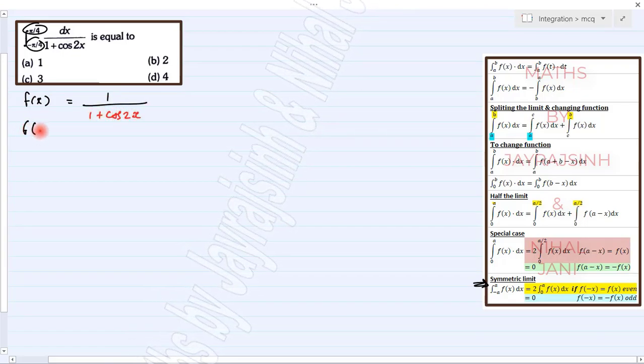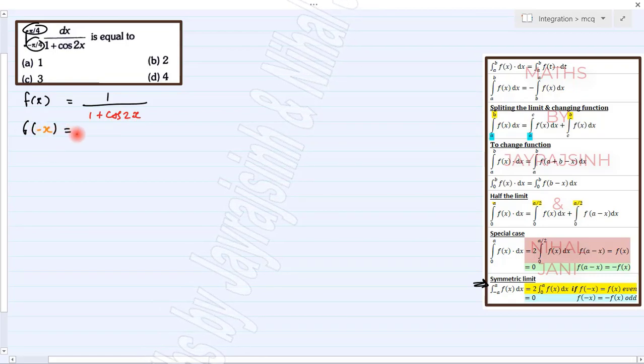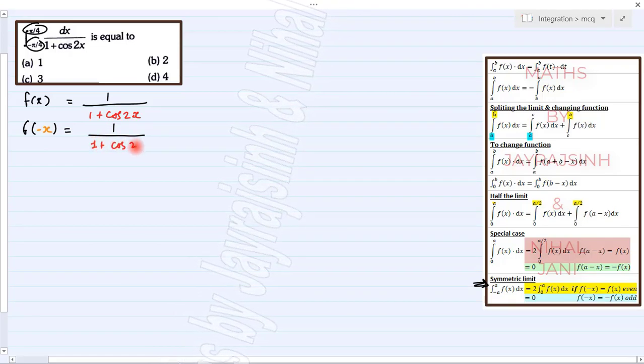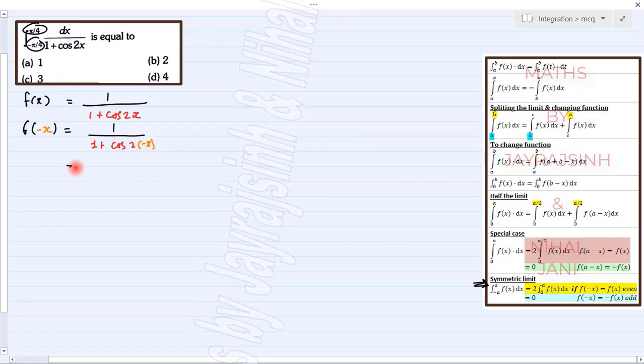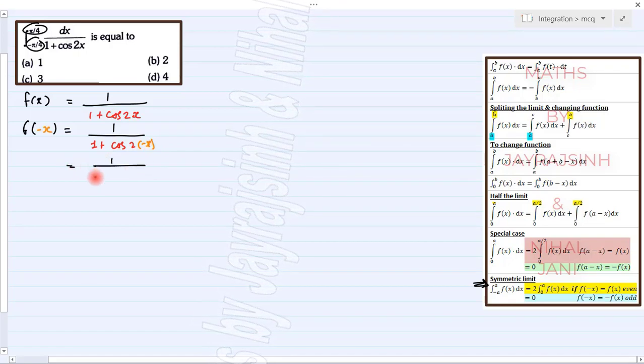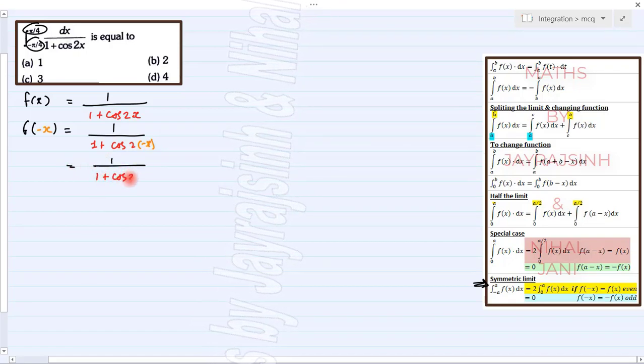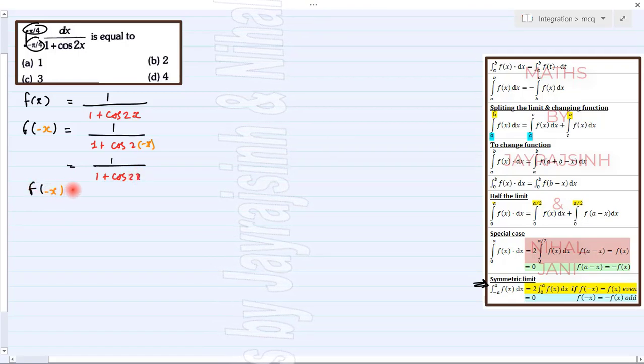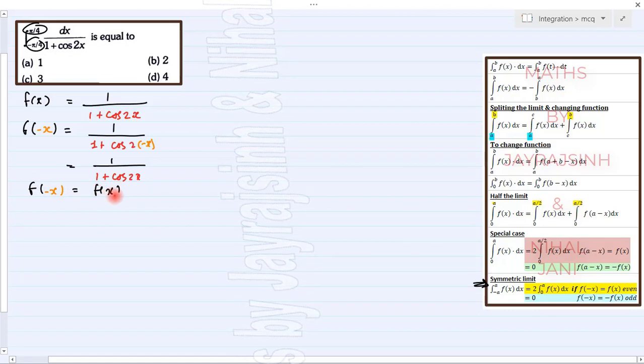Now let's find out f of minus x. That means we just have to replace our x by minus x. So in the denominator, we will get 1 plus cos 2 times minus x, which is nothing but 1 upon 1 plus cos 2x. So here we get f of minus x is equal to f of x.